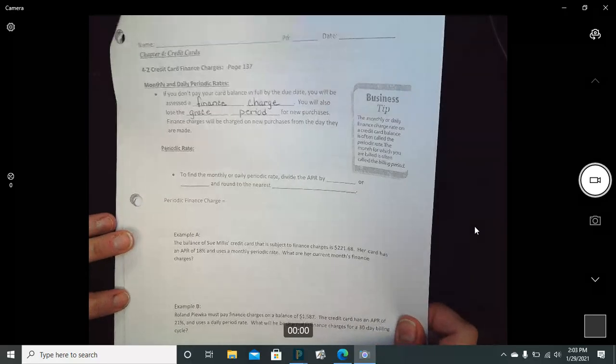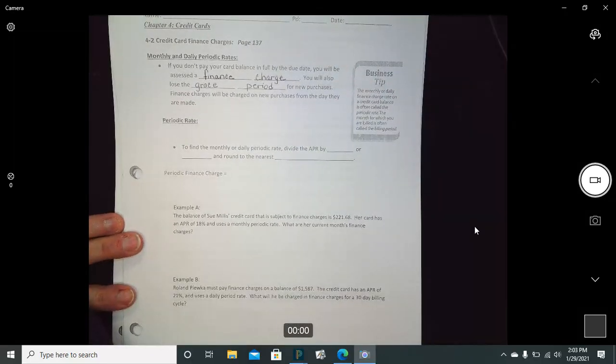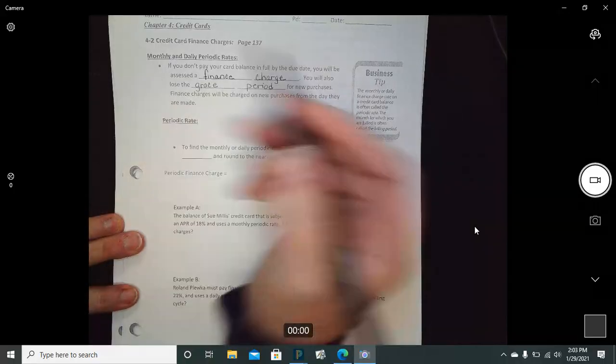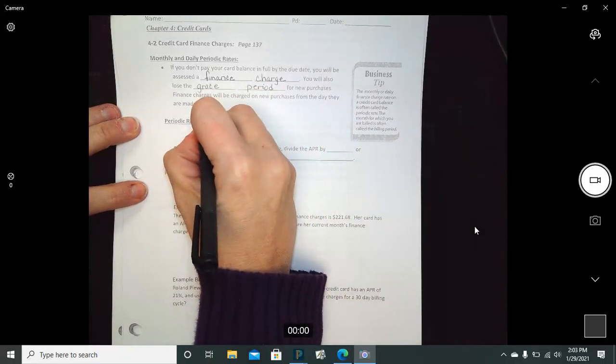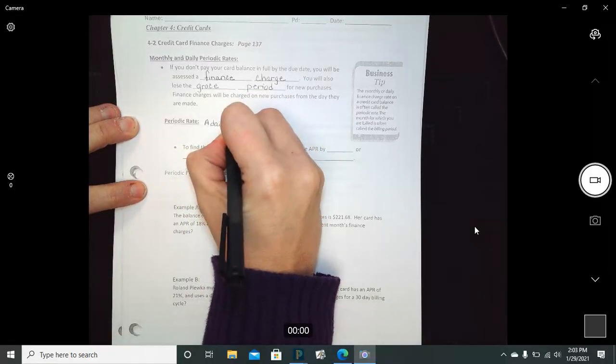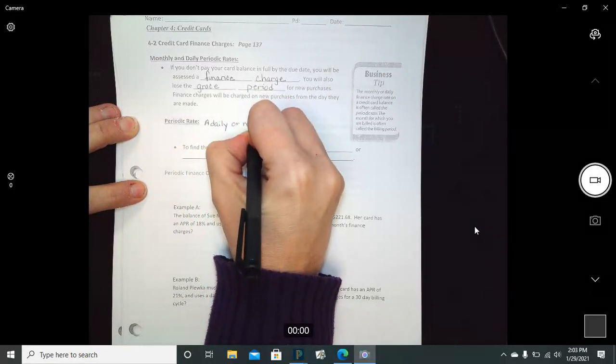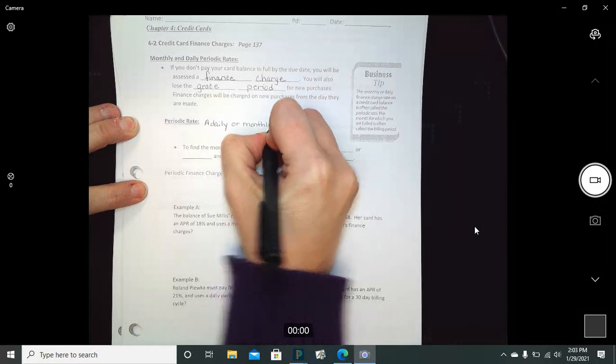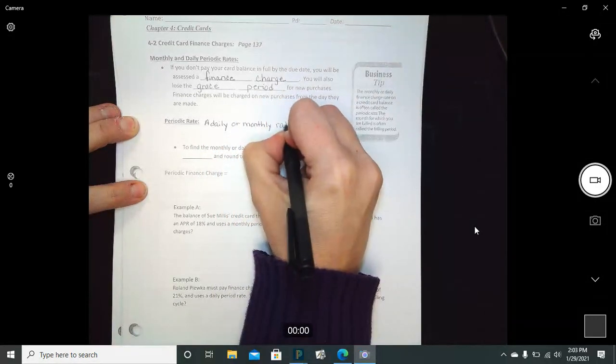So let's take a look. Periodic rate is what we're looking at. Your periodic rate is going to be a daily or monthly rate.